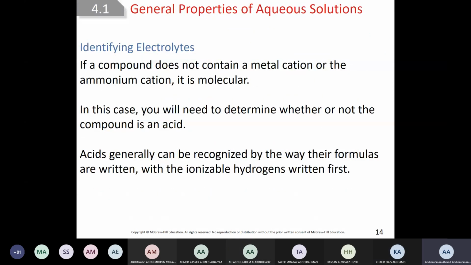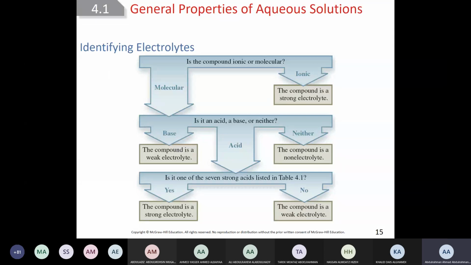Now, how do I know if it is going to be strong or weak or whatever? The first question is, look at this table and ask yourself, is the compound ionic or molecular? What's the difference between ionic and molecular? Ionic is metal with non-metal.